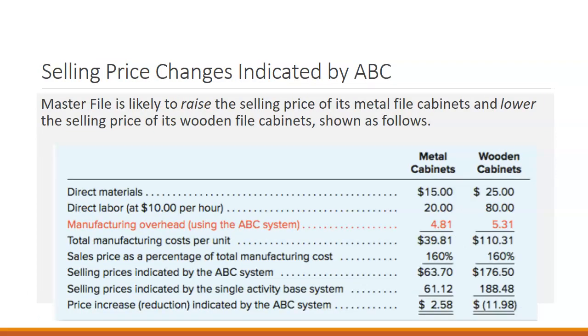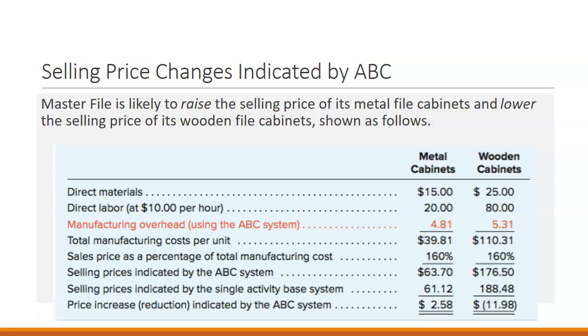We can see how that affects our pricing. So we have our total manufacturing costs once we include in the direct materials and the direct labor. If we use our activity-based costing overhead, then we have total manufacturing costs per unit.